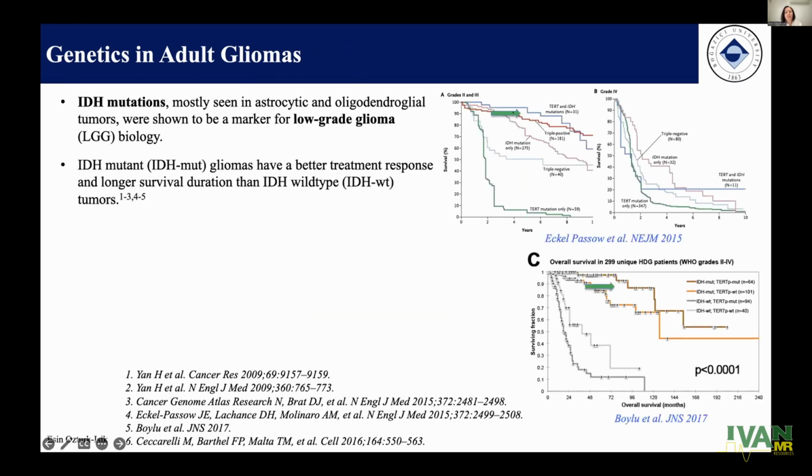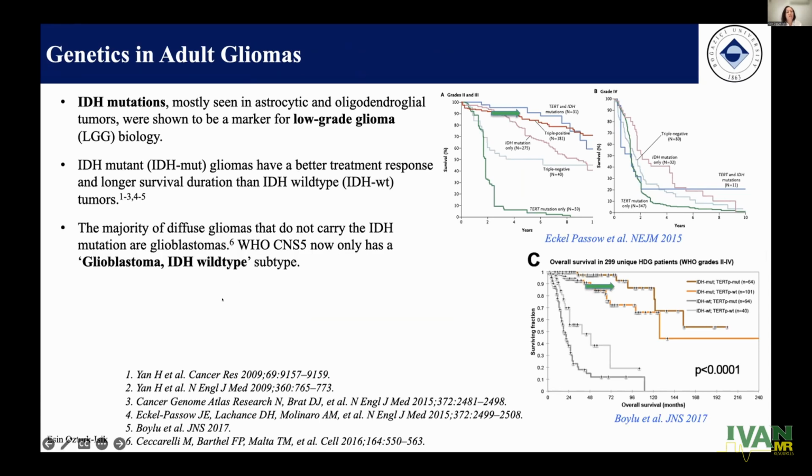And I mark with green the survival curves of IDH mutant tumors. As you see in these two studies, actually IDH mutation results in a better survival and better treatment response than IDH wild-type tumors. When we look at the diffuse gliomas that do not carry this IDH mutation, they are usually glioblastoma, which is the highest grade.